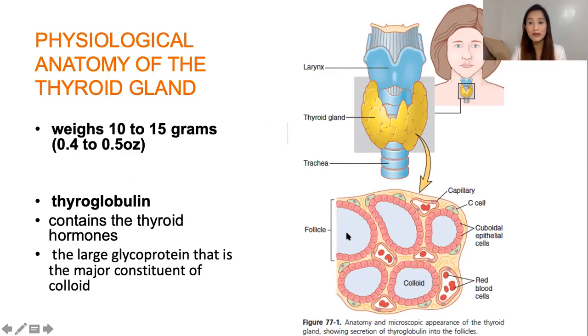It's the storage form of the thyroid hormones. It's a large glycoprotein that is the major constituent of the colloid of the goiter. So this is the colloid, and these are your cuboidal epithelial cells. In disease states, your cuboidal epithelial cells will look more like stratified epithelial cells because of the increased activity.